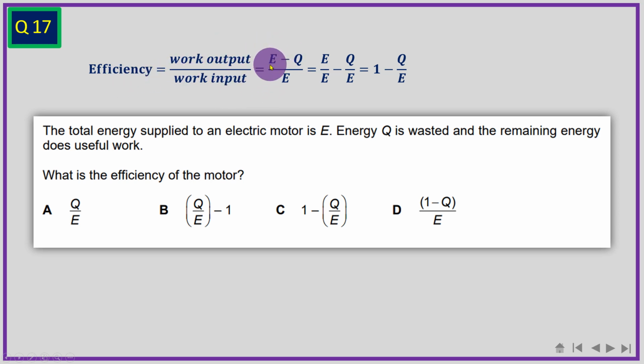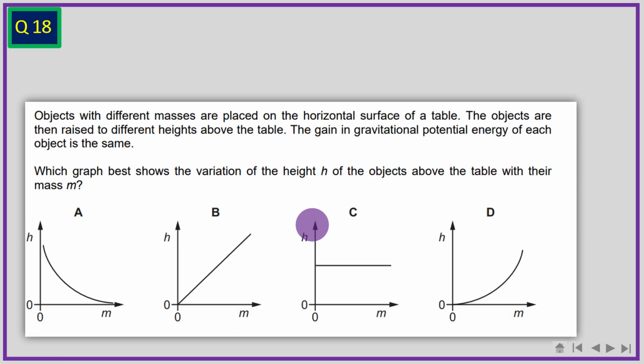Work output is the total energy put into the system minus the energy that is wasted, divided by the work input, E. Of course, when we separate these, we have E over E minus Q over E, then E over E is 1, then we get this, and that is why our answer is C. Let's go to question 18.